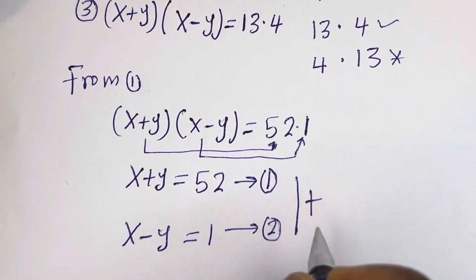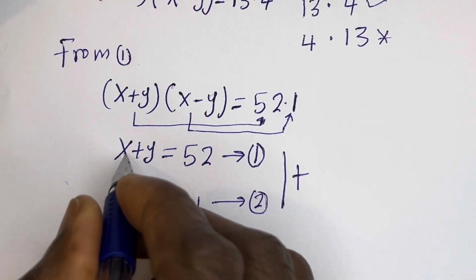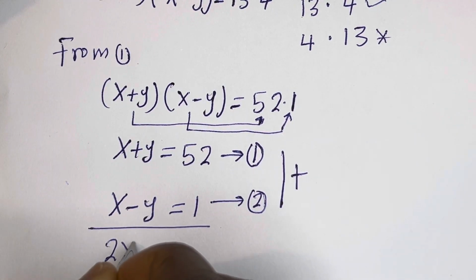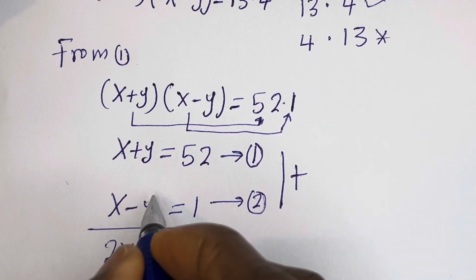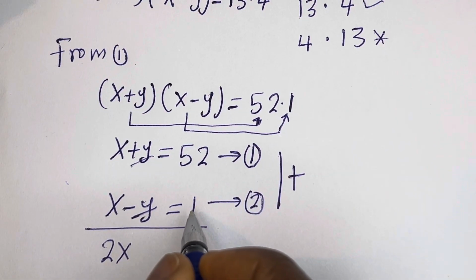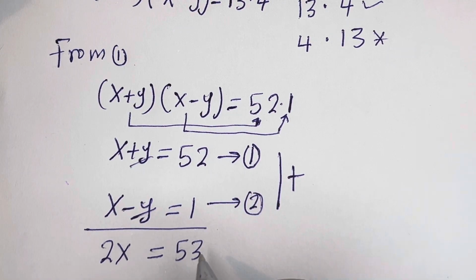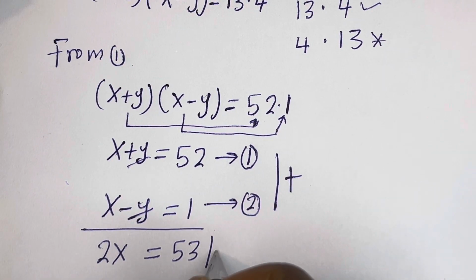By adding the two equations together, we have x plus x, this is 2x, plus y minus y. This will cancel this. 52 plus 1 equal to 53. Then we can now divide both sides by 2.